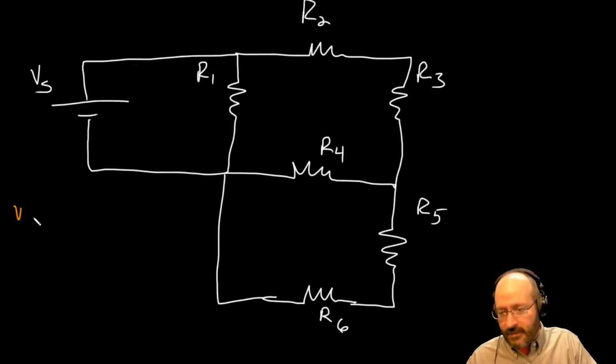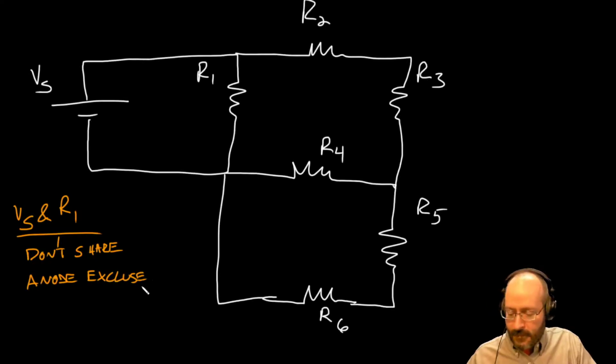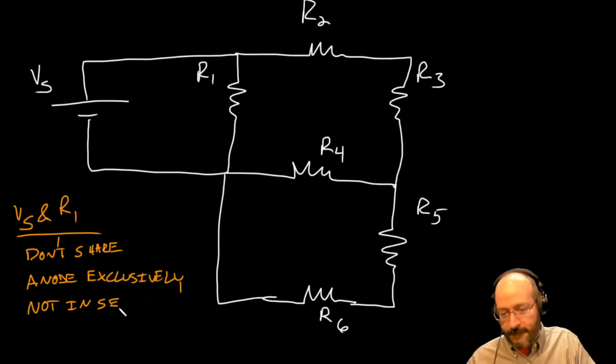So VS and R1 don't share a node exclusively, and therefore they are not in series.